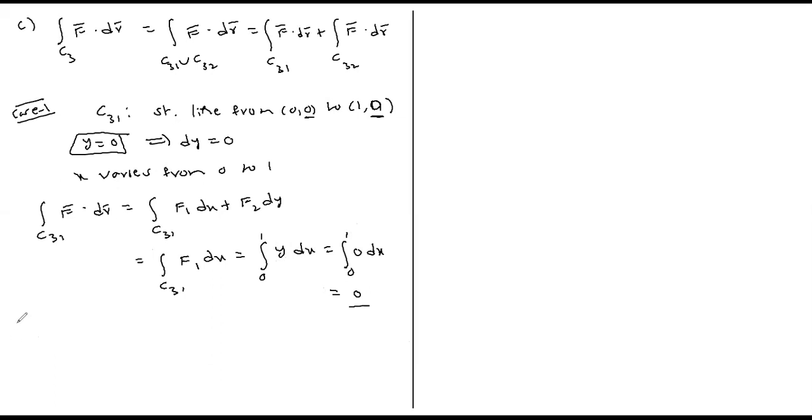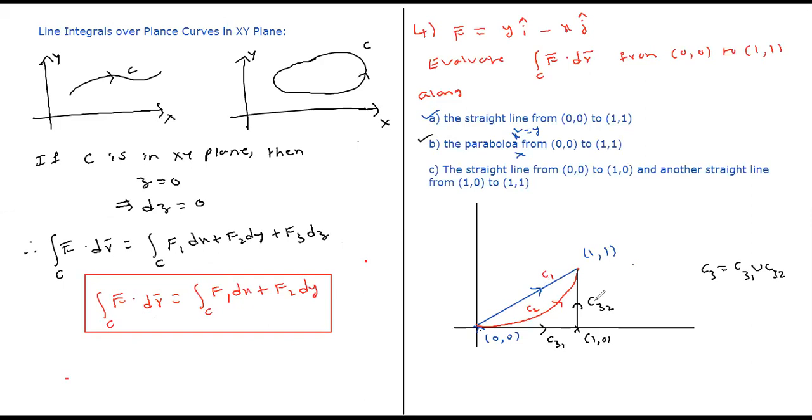What is case 2? C32. C32 is a straight line from 1, 0 to 1, 1. Now it is a line parallel to the y axis. See, this is the x axis, this is the y axis, this is the origin. So this is a line parallel to the y axis.